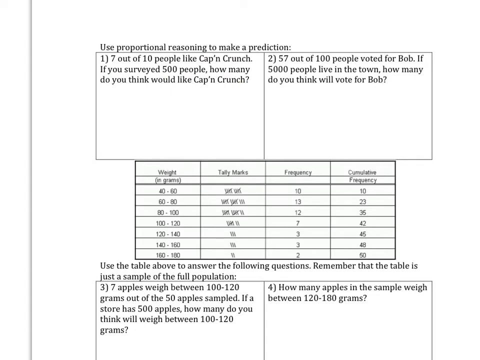We want to do a random sampling, which means take a sample of a smaller population and then make a generalization. So first of all, we start with our sample size. So 7 out of the 10 in our sample, so this is our sample, like Captain Crunch. So how many out of the population?